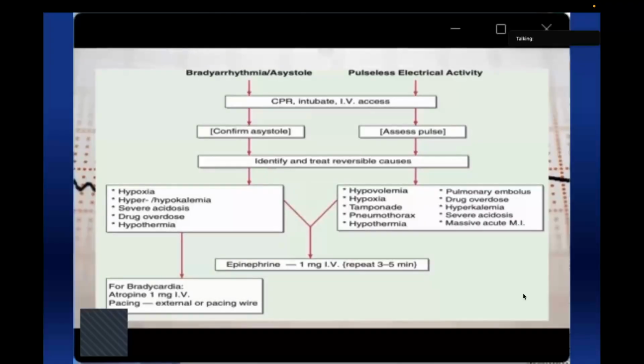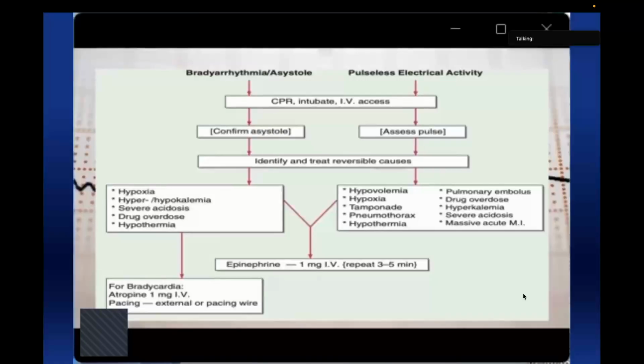Okay, confirm if this is asystole because if it's not, then you have to do a proper management. Now, if it is asystole, of course, you have to continue your CPR. Very important here, guys, I might give this in your exam. Identify and treat the reversible causes. You have the 5 H's and 5 T's.